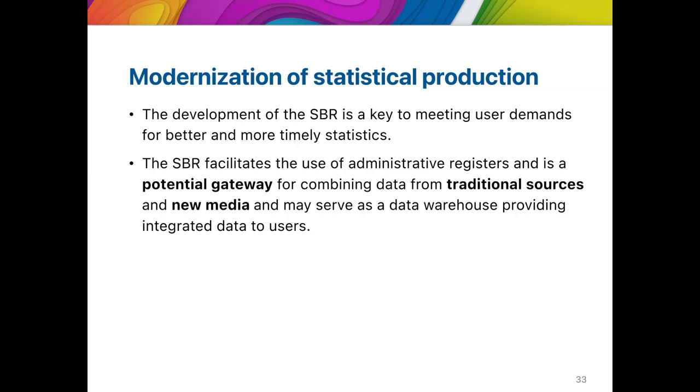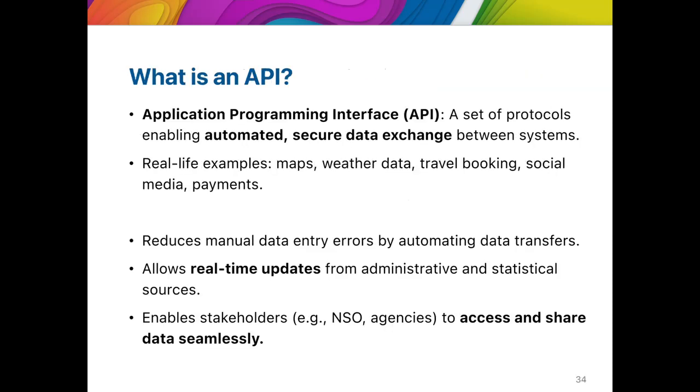But what are APIs? So an API stands for Application Programming Interface, which is a set of protocols enabling automated, secure data exchange between systems. So in real life examples, it can be like maps on your phone, weather data.